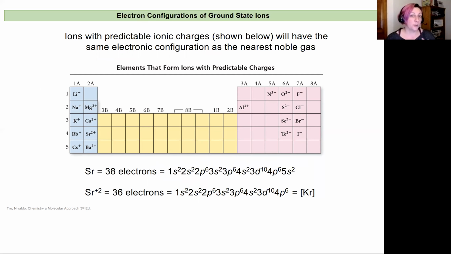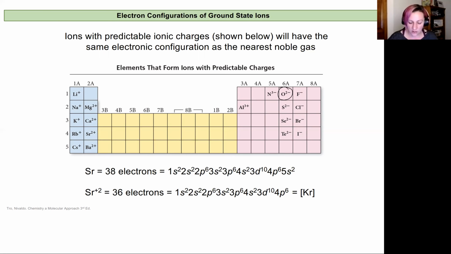So for these predictable ions, we can create predictable electron configurations for the ion itself. And that's just adding additional electrons into the lowest possible energy level. And so when we do that, we'll see that it always ends up being the noble gas electron configuration, right? That's the drive for the ion's formation.